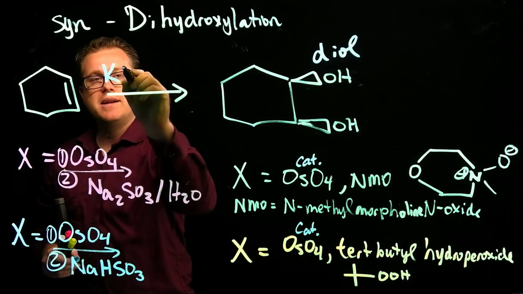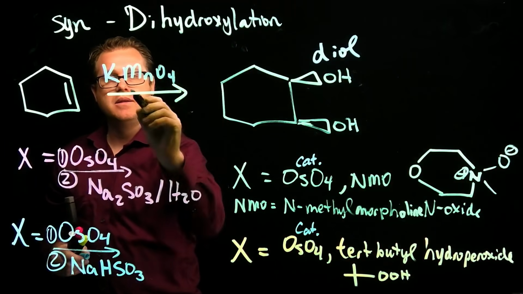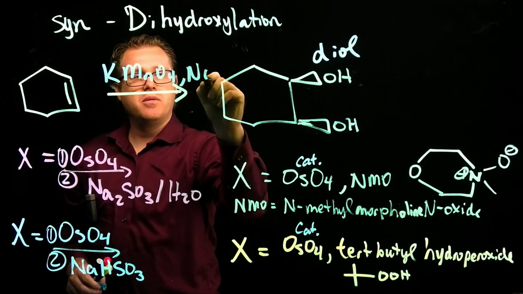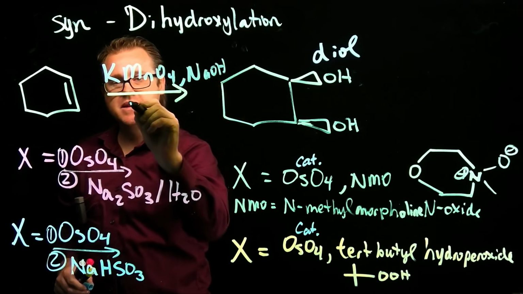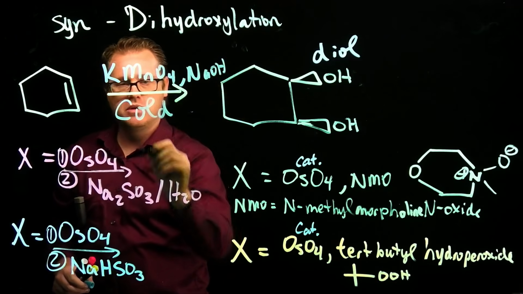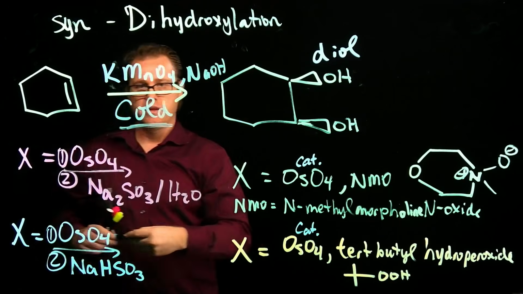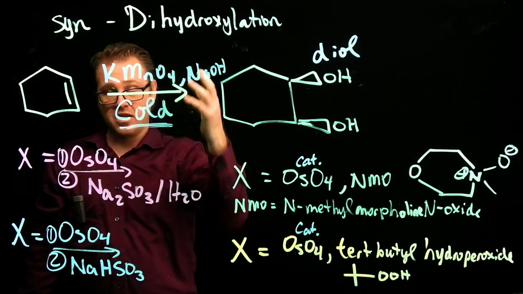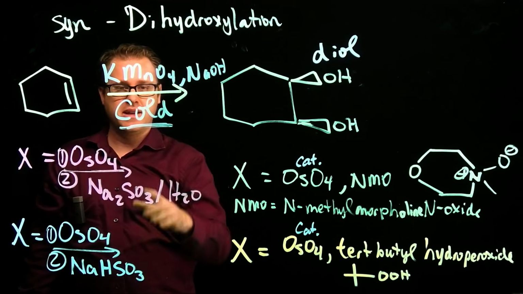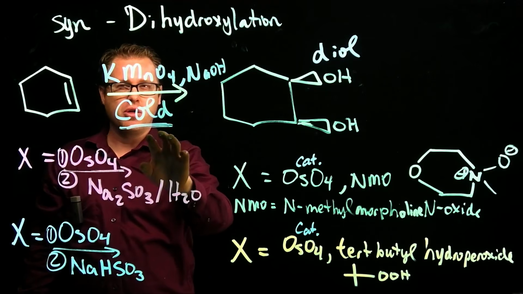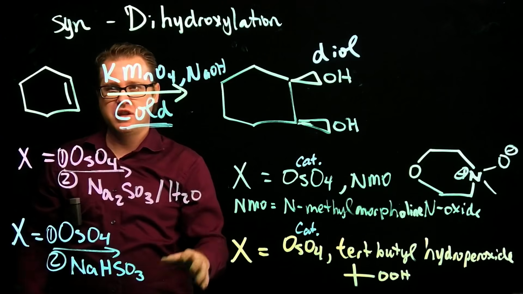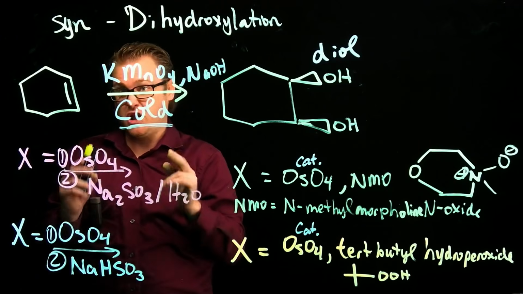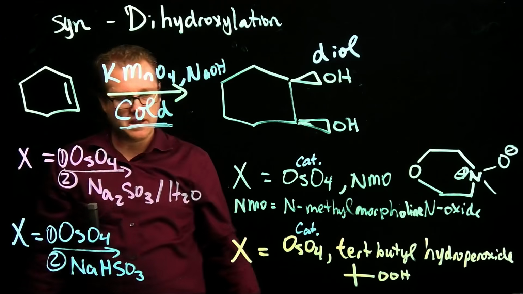So yes, it's potassium permanganate with some sodium hydroxide, but this is key. It needs to be cold. Cold, cold, cold. And the reason why is potassium permanganate can oxidize other parts of your molecule when it's warmer. So you're controlling this reagent to just do one thing. That's the hope when you do it at a cold temperature.